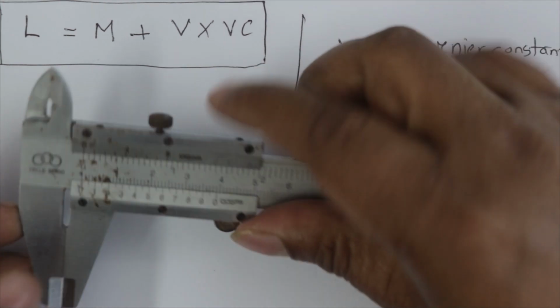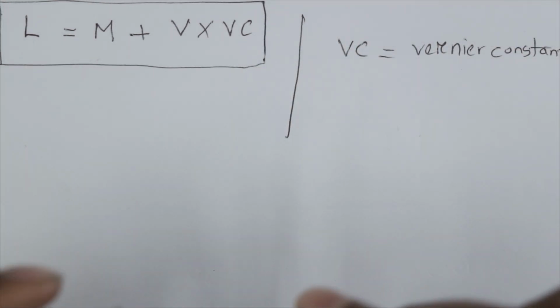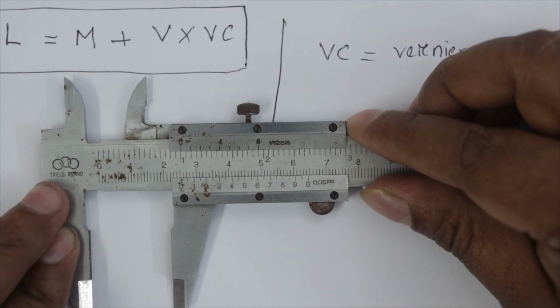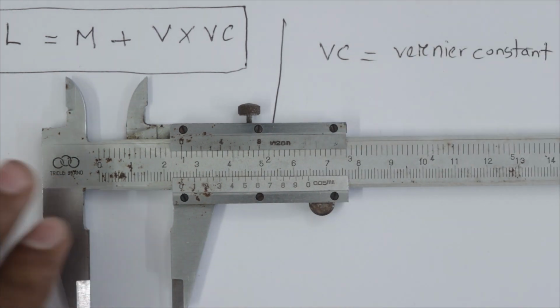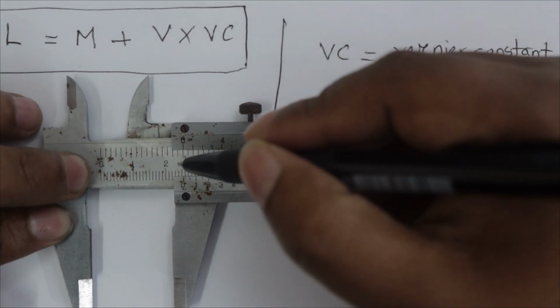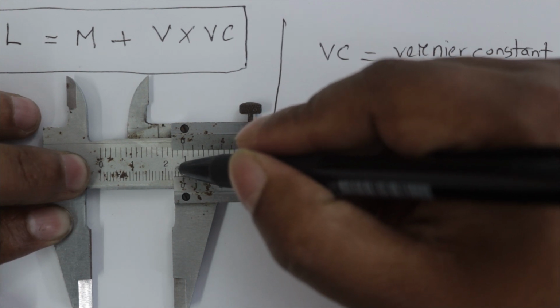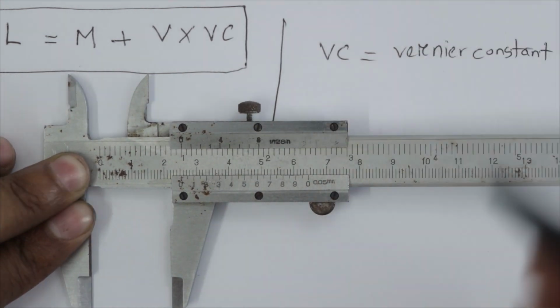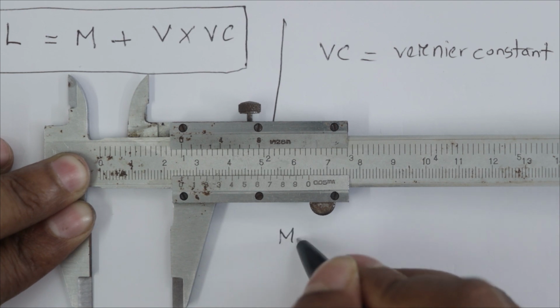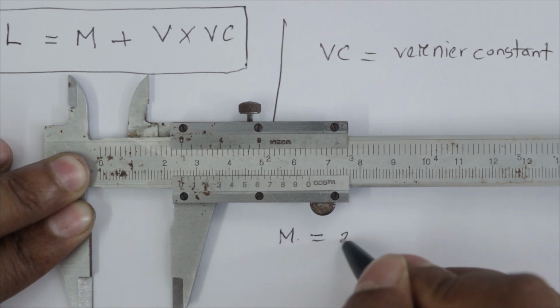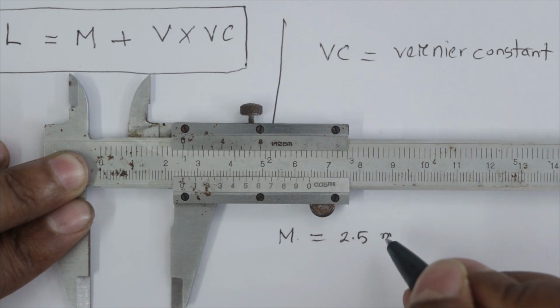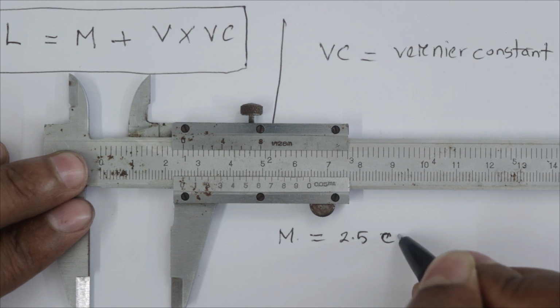Say there is a reading here, 2.1, 2.2, 2.3, 2.4, 2.5. So the main scale reading is 2.5 centimeter.